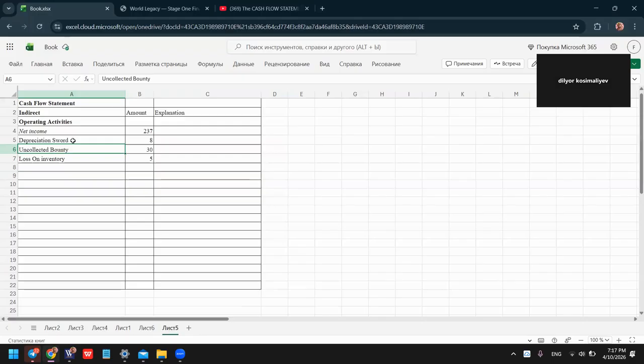So here we record all of the adjustments, and the financing activities and investing activities will be just recorded as plus or minus. We calculate them without using the net income that we found from the income statement. So that's why it's in operating activities, according to the rule of using the indirect method.